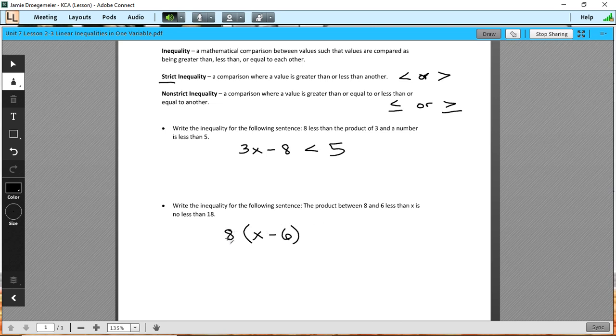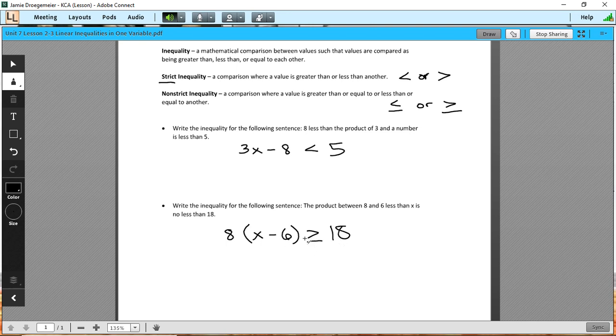So the product of 8 and 6 less than x, and they're telling me it's no less than 18. So that means that it can be equal to 18 or it can be greater than 18. So this number cannot be less than 18. That means it has to either be equal to it or it has to be greater than.